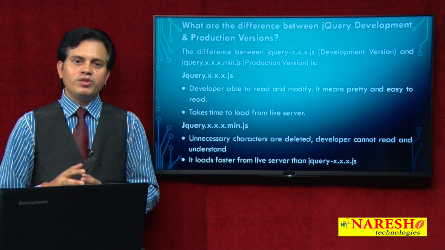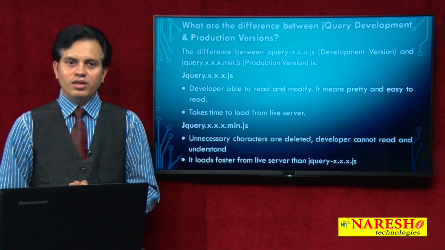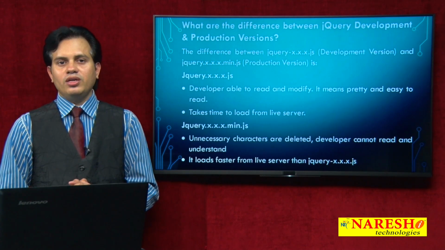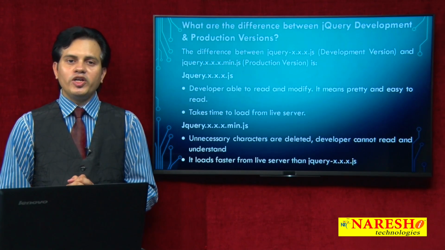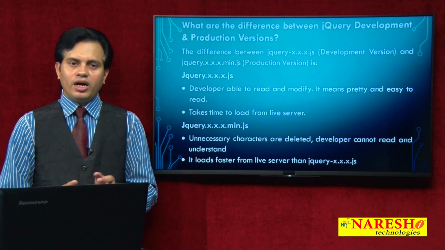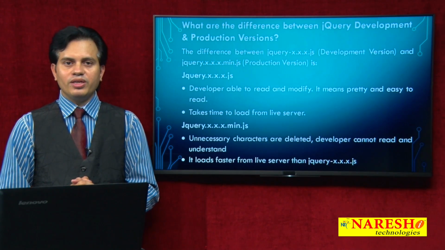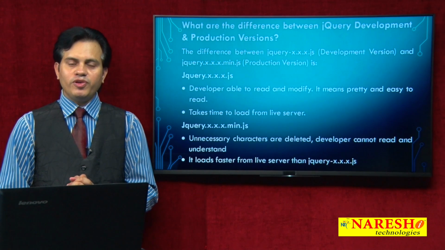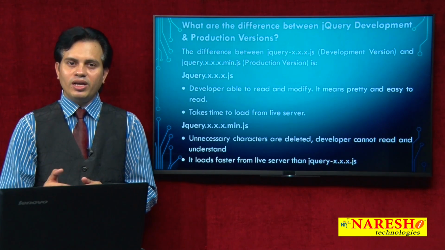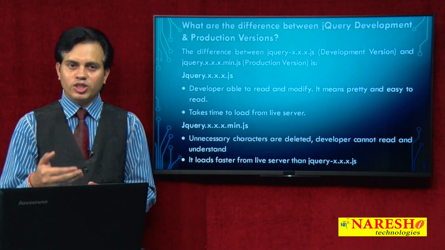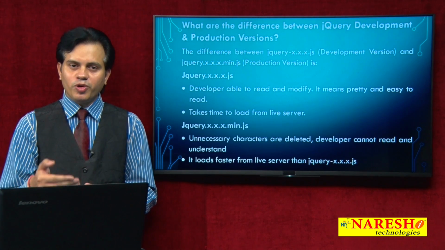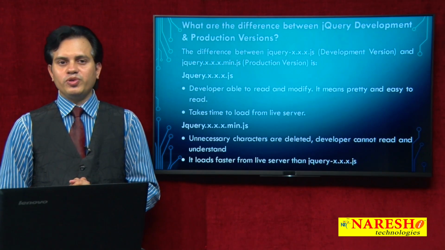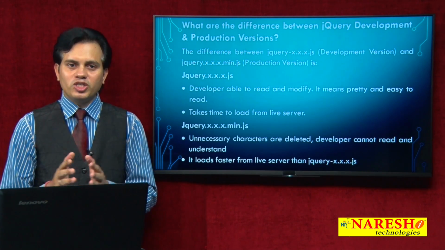But what is the drawback of the production version, nothing but any-version-number.min.js? The drawback is that it is very hard to read and understand as well as modify. So when you are working in a development phase, that time if you are working with the minified version, it is going to be very difficult for you to read the existing jQuery script file in order to understand the flow of execution, and when you are debugging the program it is not recommended to use because it is a compressed one.